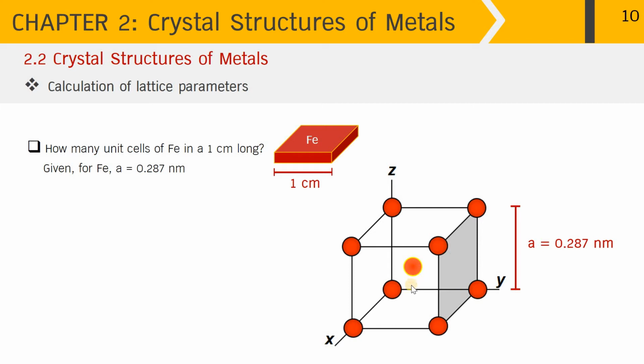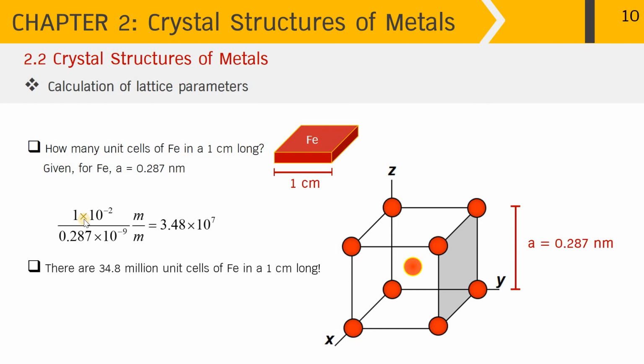And I introduce you again to the cubic structure having a length of 0.287 nanometer. So we have to find out how many of these are going to lie along this 1 centimeter length. First, we have to change the unit from centimeter to meter, and also from nanometer to meter as well. Then start the calculation.